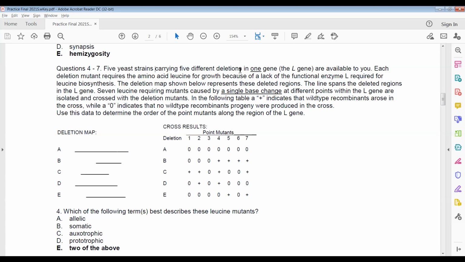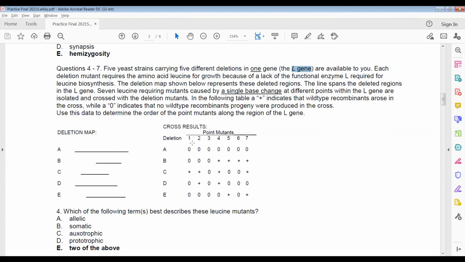In the lecture or the quiz, we talked about a problem where the deletion covers more than one gene. Here, the deletion occurs within one gene, in a very short region. There's one gene, L, and the deletion occurs within this L gene.